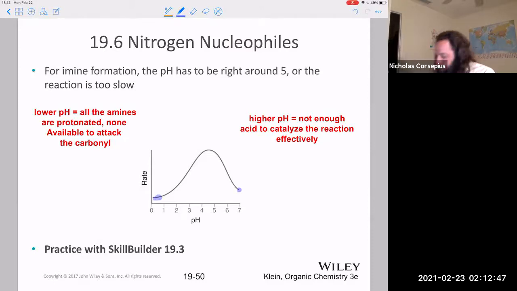But you can't have your pH too high because otherwise there isn't any acid to catalyze this reaction. So this reaction takes place best around pH 4 to 5, which is technically acidic conditions, but really, I think about it more as being neutral conditions. And because of that, we're going to see both positive and negative intermediates in these reaction mechanisms.